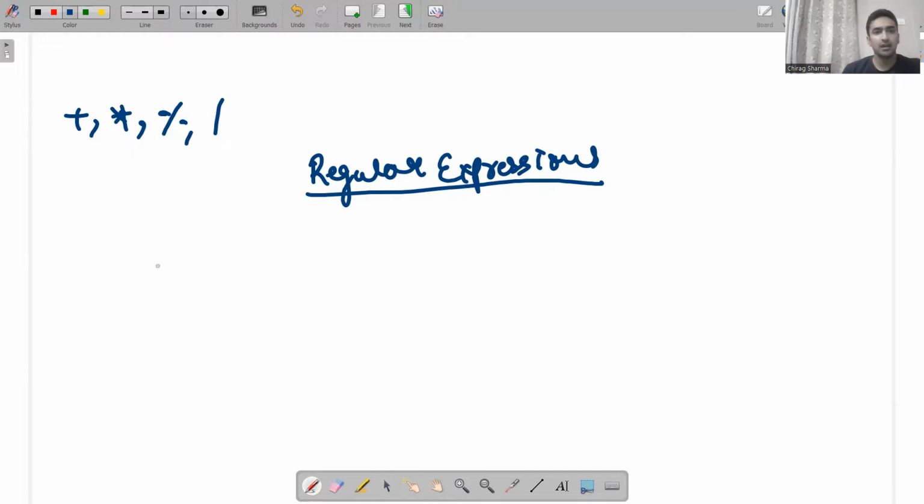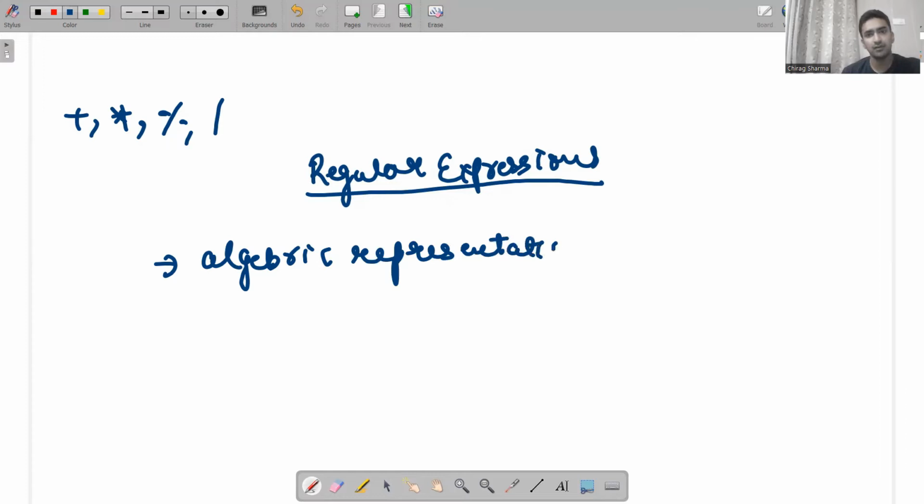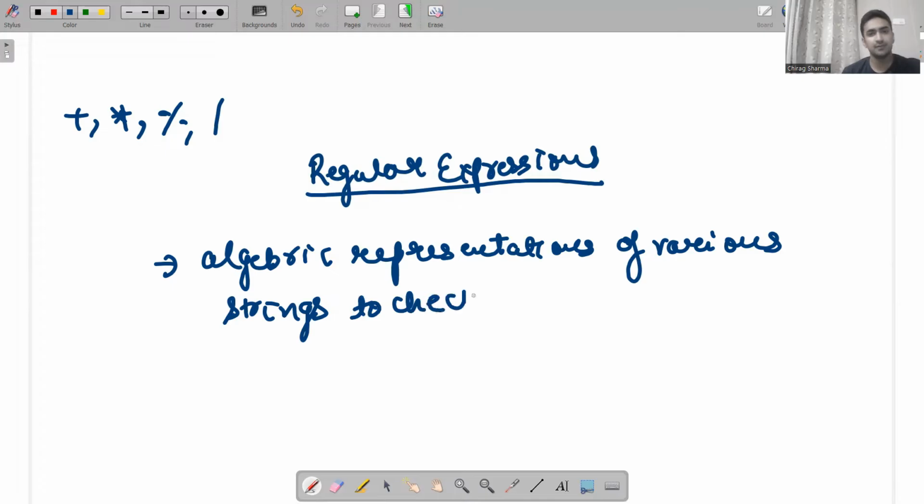It means these are the algebraic representation of various strings to check acceptability.